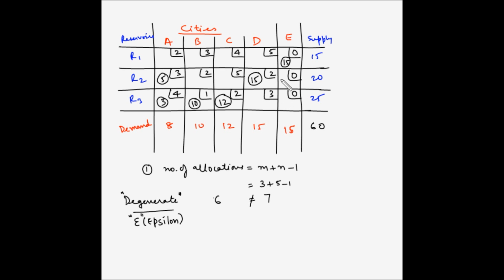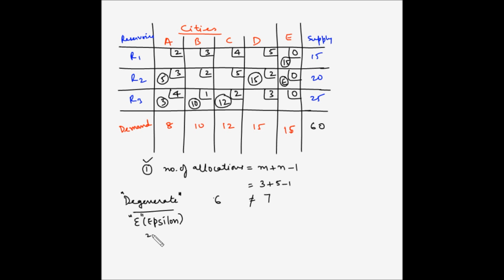So let's choose R2E and create the stone square out of this water square. So let's assign this a value of epsilon. So now with this allocation, our number of allocations become 1, 2, 3, 4, 5, 6, and 7. So this first condition is met.